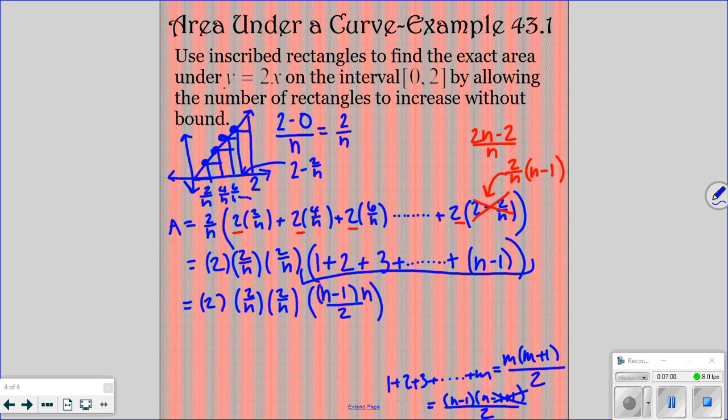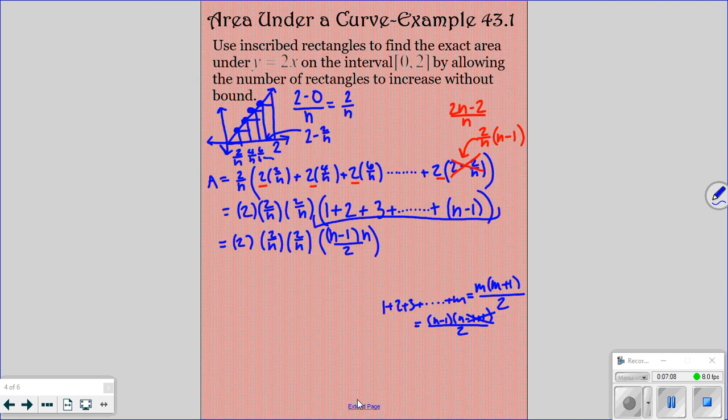From here, you're going to have to take the limit of this expression. So to take the limit of it, we're just going to have to try and simplify it as best we can. So the limit, as n increases without bound, so that means it's going to go to infinity. So I have 2, 2, 2, that's 8 over n squared.